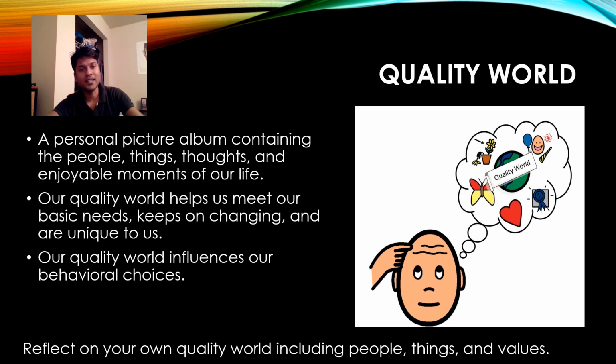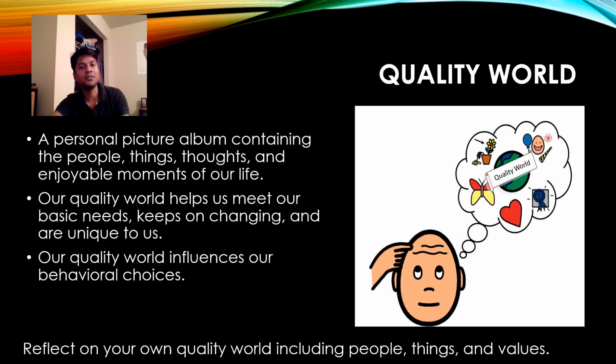Taking those strategies and ways of fulfilling these five needs collectively together, Glasser called it the quality world. So we all have our own unique way of fulfilling our basic human needs, and this forms our quality world.